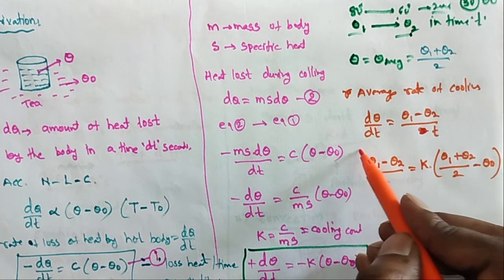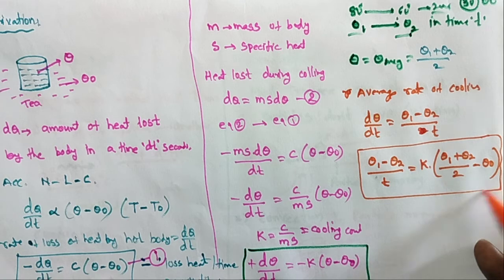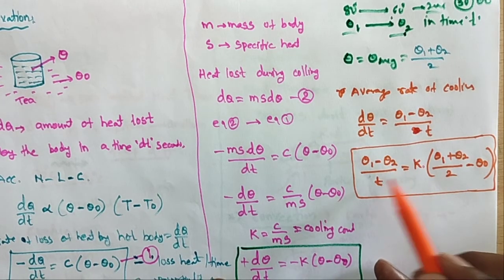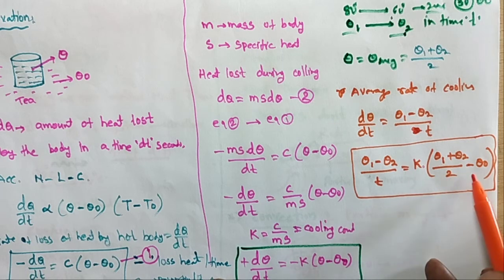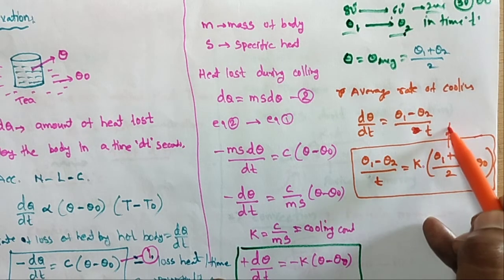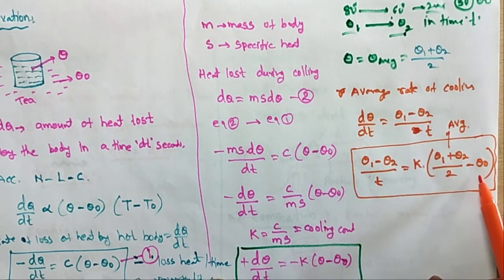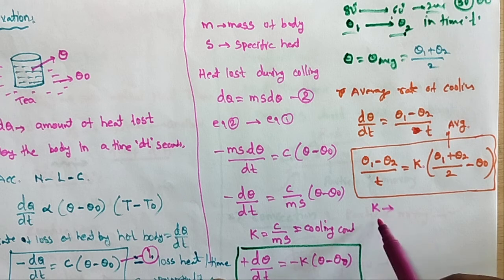It is also Newton's law of cooling with different temperatures, theta 1 and theta 2. This is the average temperature. And what does k depend on?